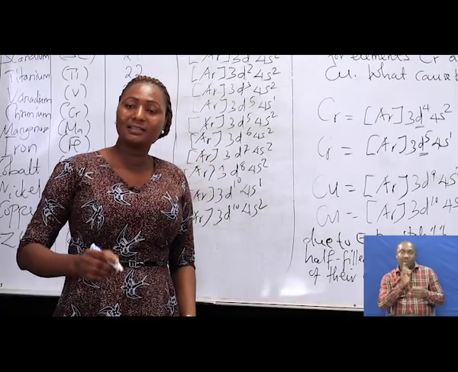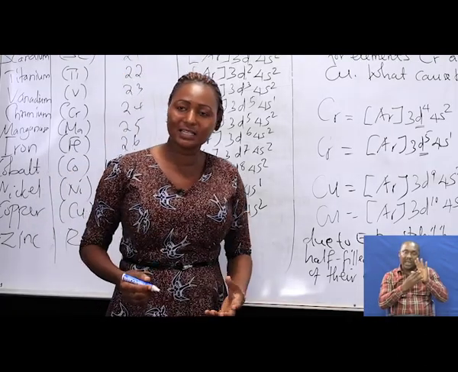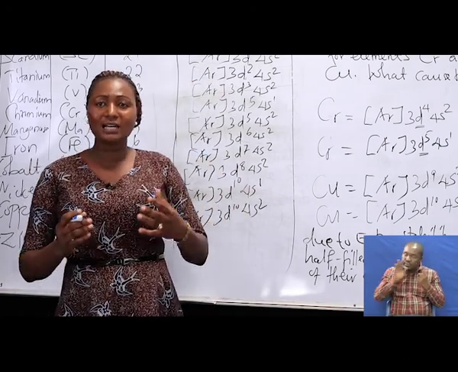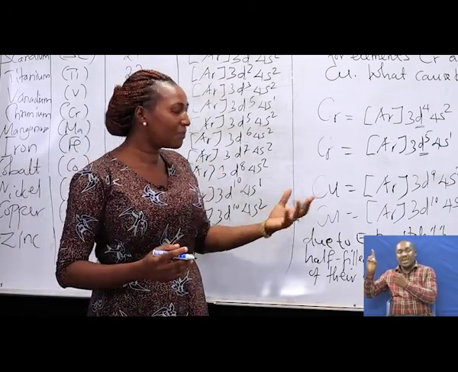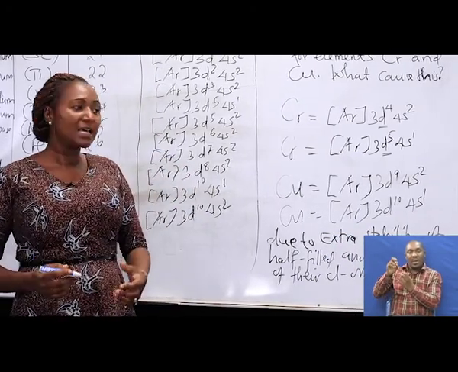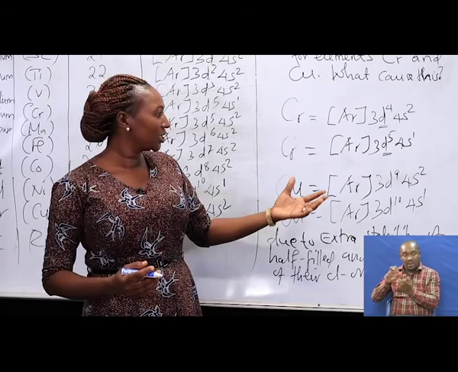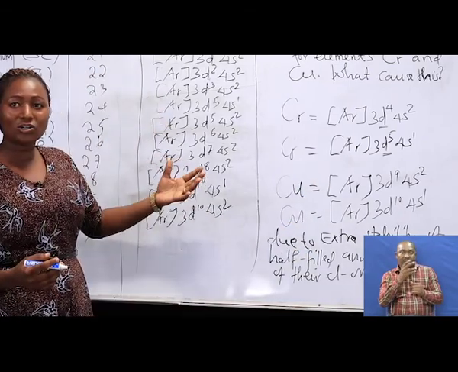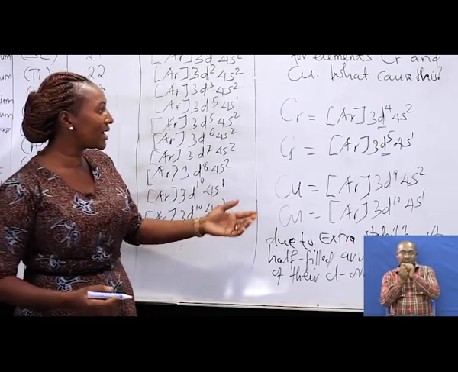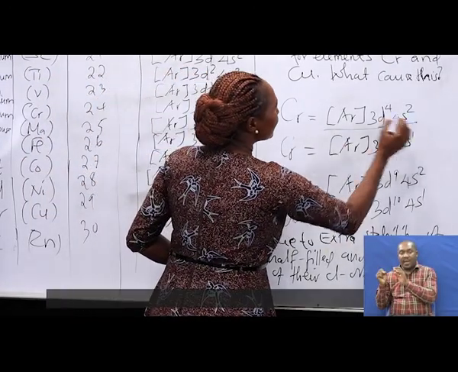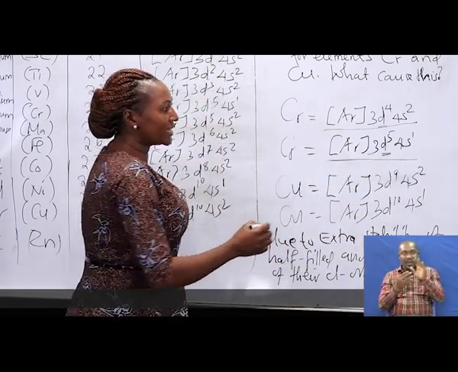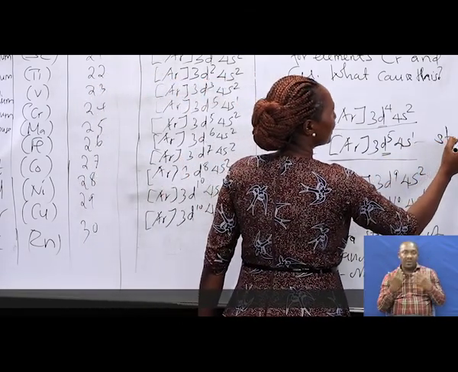So the reason I gave is the rule of half-filled for chromium and full-filled for copper, the rule used to assign electrons to atomic orbitals, which changes the electronic configuration of chromium and copper from the expected one to this stable electronic configuration. This is the stable configuration.